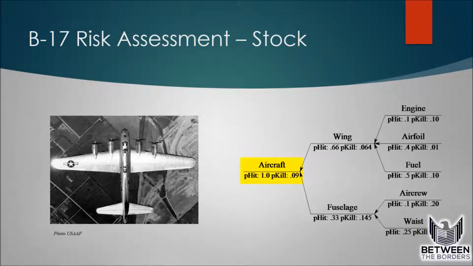The first thing we have here is the aircraft as a whole. Since we're discussing any hit on the aircraft, the probability of hit is 1. Ignore the probability of kill for a second. I want to show you how it's computed, but that is the general probability. Based off of, in theory, this should be done for every weapon system that would have been used against it.